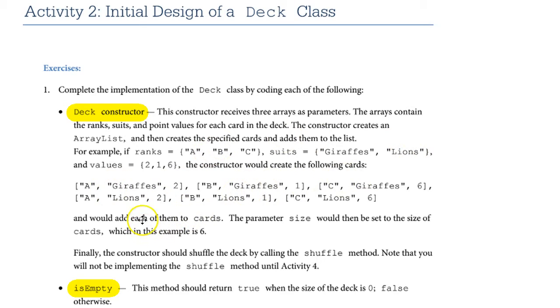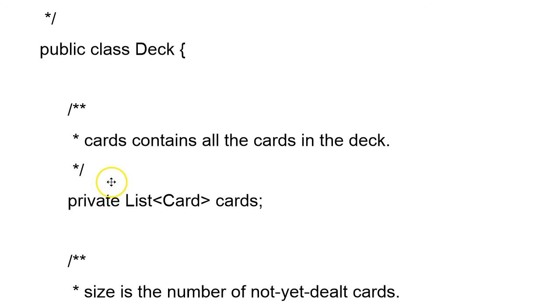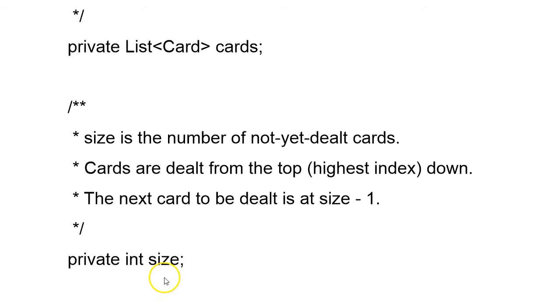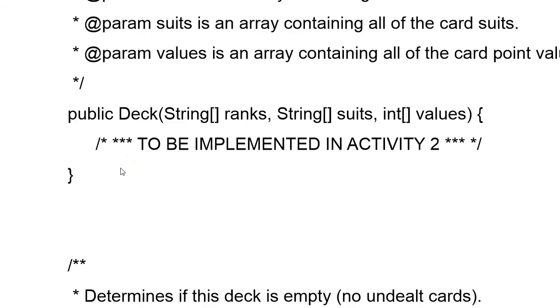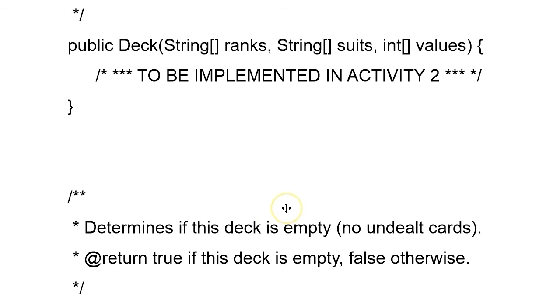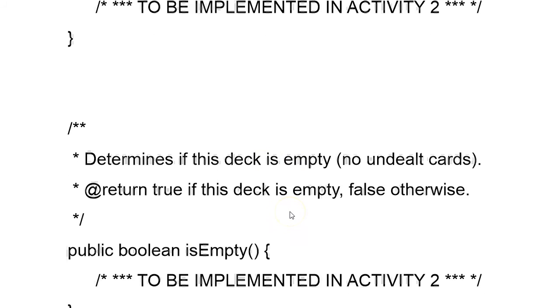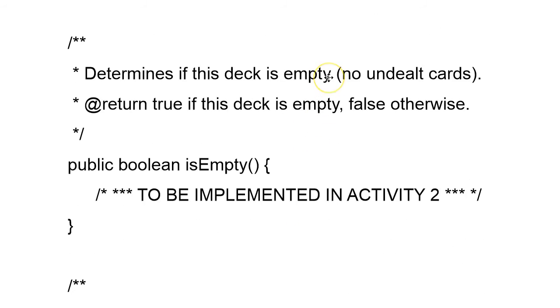Make sure after you populate the cards ArrayList that you set the size of the deck integer as the size of the ArrayList. So make sure you update that. The second thing you have to do is finish the isEmpty method to check if the deck is empty. In other words, if the size of the ArrayList is 0, then the deck of cards is empty.